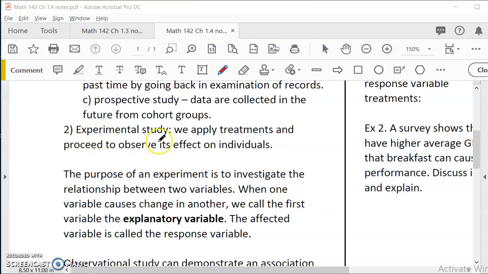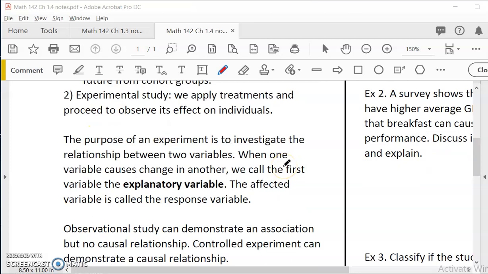When we do an experimental study, you apply treatments. The purpose of an experiment is very often to investigate the relationship between two variables. The variable that causes changes in another is called the explanatory variable.